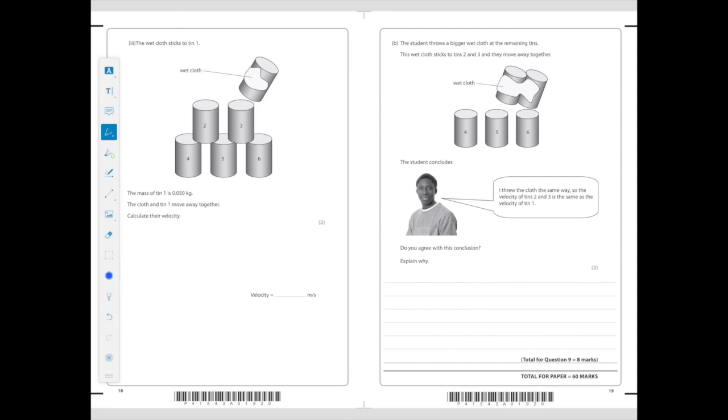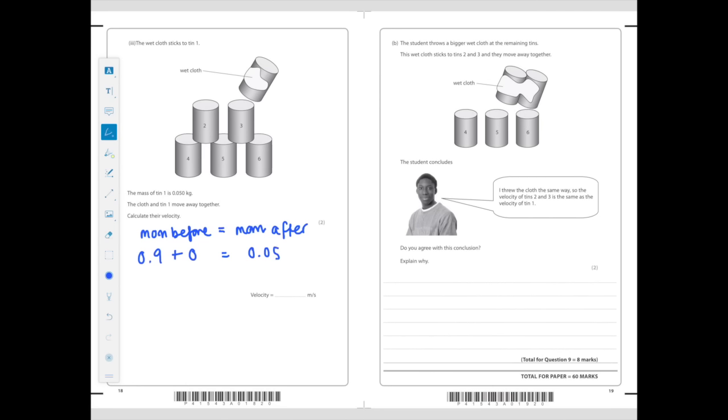So I always do this in the same way, which is momentum before equals momentum after. Now we've just worked out the momentum of the cloth, which is 0.9. Because the tin wasn't moving, it must mean automatically that its momentum is 0. And then the momentum after, well, they've stuck together, so we need to add up their masses.